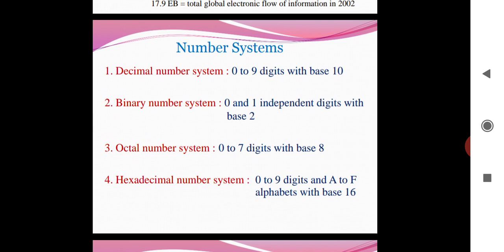The fourth number system is the hexadecimal number system. The hexadecimal number system consists of 0 to 9 digits and A to F alphabets. Therefore, its base or radix is 16.